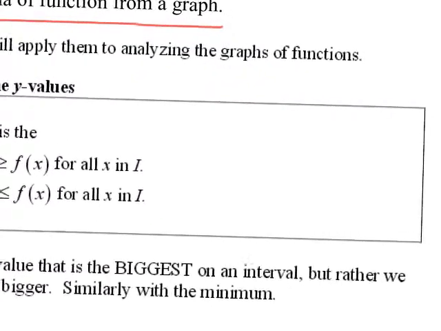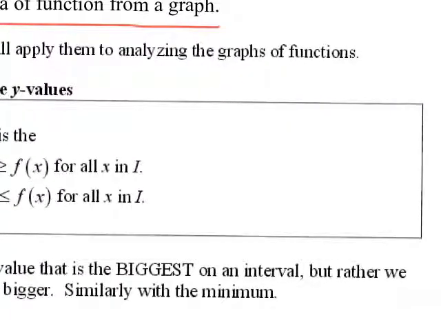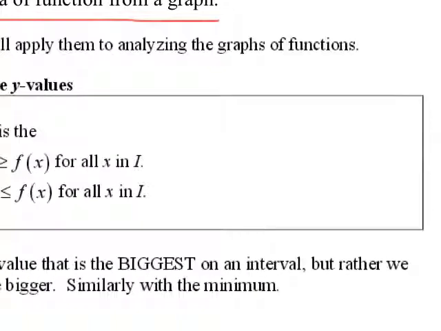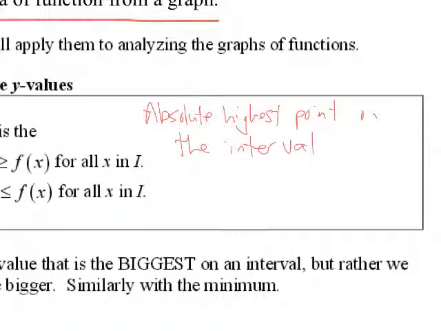When you break it down, the basic idea is the absolute maximum is going to be the absolute highest point on the interval. And there is a little bit of caveat to this, so I'm going to write "sort of."